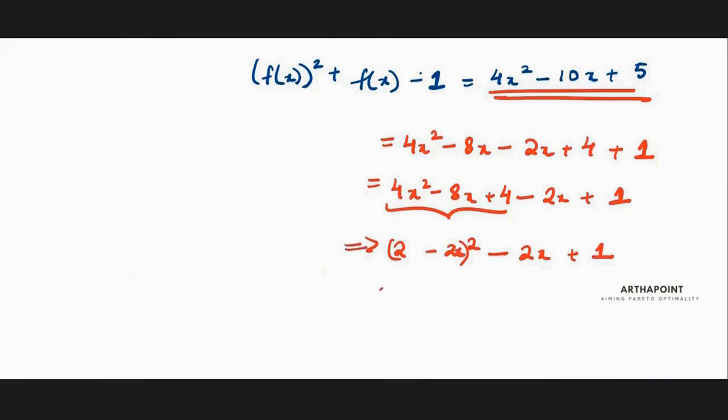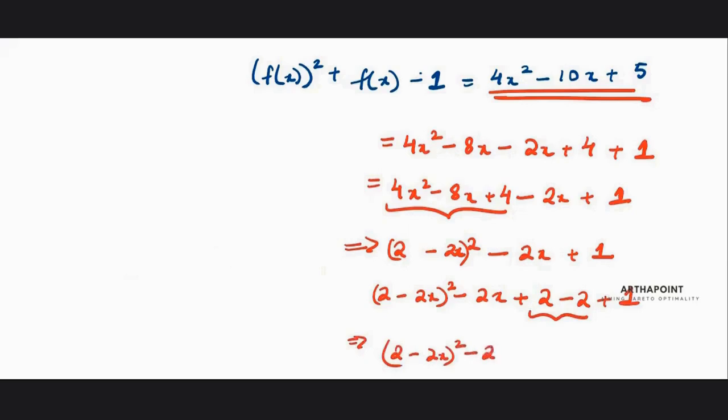And now, if I go ahead, can I do some more manipulations and write this as minus 2x plus 2 minus 2 plus 1? I've just added and subtracted 2 here. So this will be 2 minus 2x whole square minus 2.